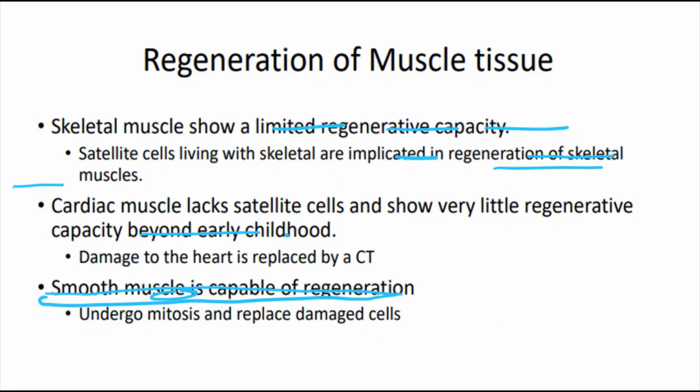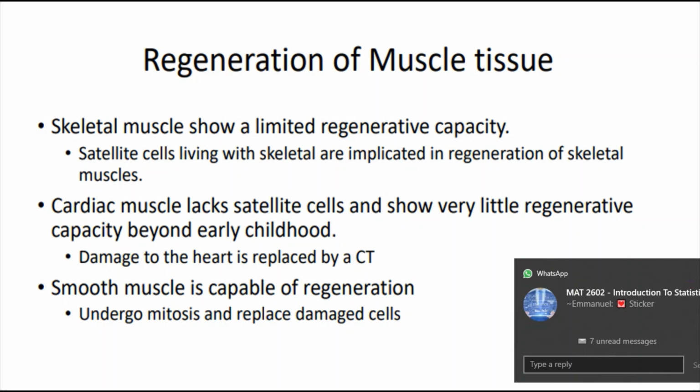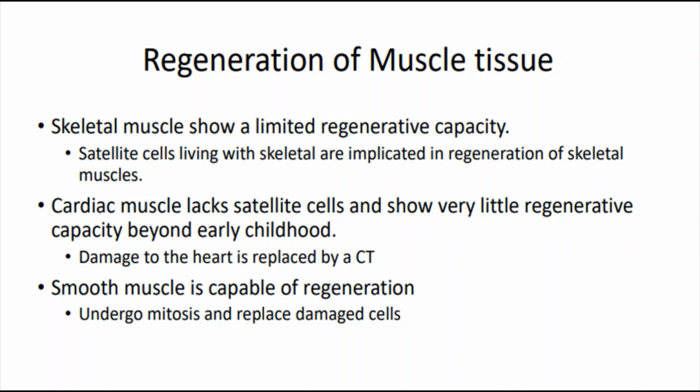Okay, so in regards to regeneration, skeletal muscle shows a very limited regenerative capacity. So satellite cells living with skeletal muscle are implicated in the regeneration of skeletal muscles. Cardiac muscle lacks satellite cells and shows very little degenerative or regenerative capacity beyond early childhood.